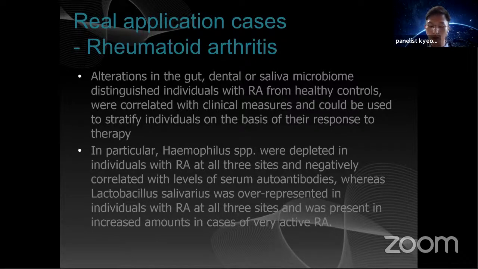As a result, the researchers found that Haemophilus is depleted in individuals with RA at all 3 sites and negatively correlates with levels of serum autoantibodies, whereas Lactobacillus salivarius was overrepresented in individuals with RA at all 3 sites and was present in increased amounts in cases of very active RA.